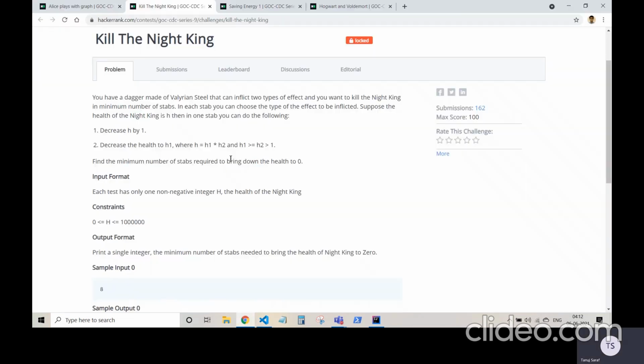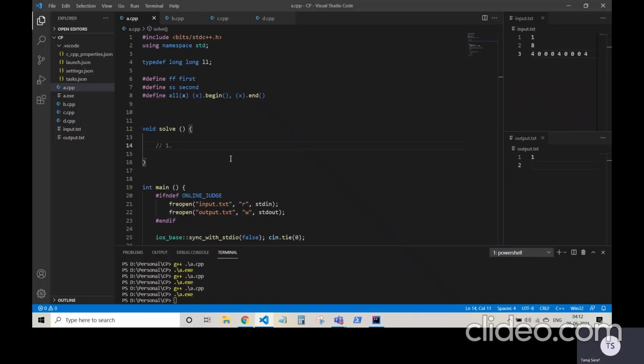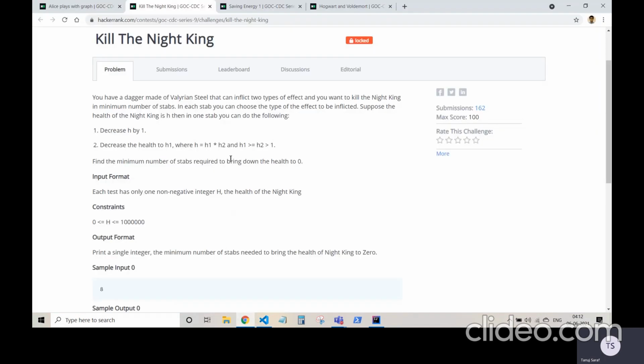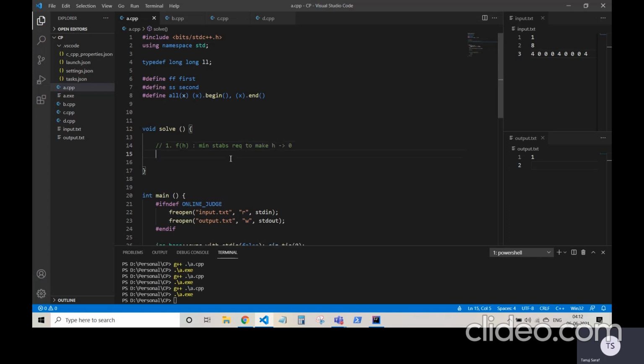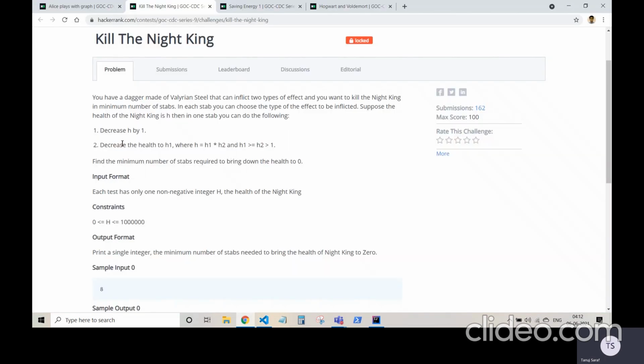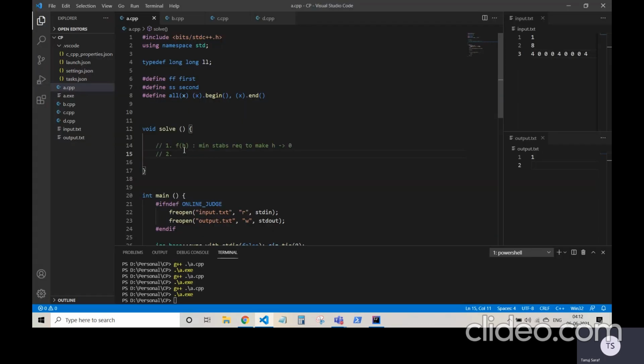The first thing that really comes to mind is that, let's say I have some function f of h which tells me the minimum number of stabs required to make the health h go all the way to 0, right? So if I'm at h, then I have two options, either I can do this or I can do this. And I have to find the minimum out of that.